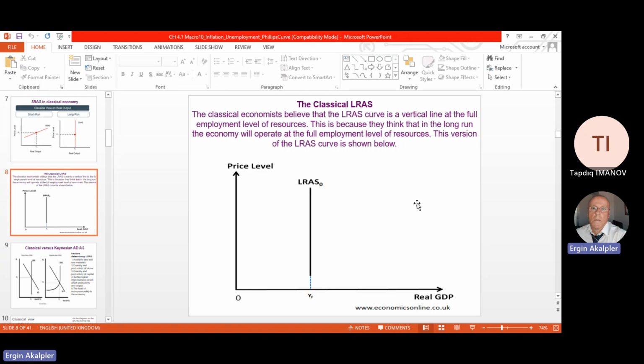This is because they think that in the long run, the economy will operate at the full employment level of resources. This version of the long run aggregate supply curve is shown below, where real GDP, Y, is on the x-axis, and Yf is the full employment output, which is not affected by price changes.